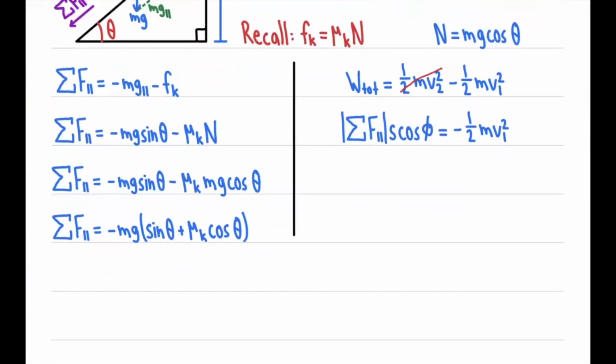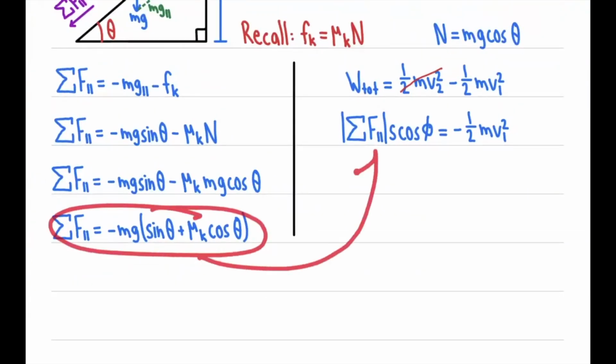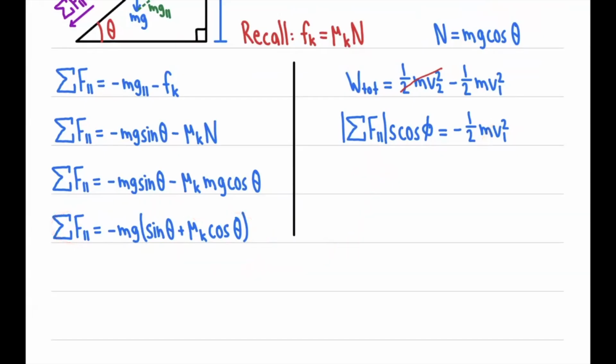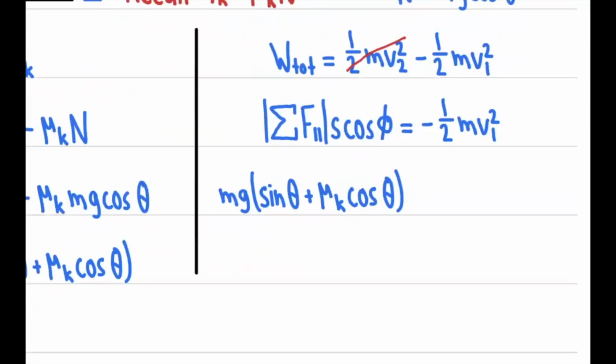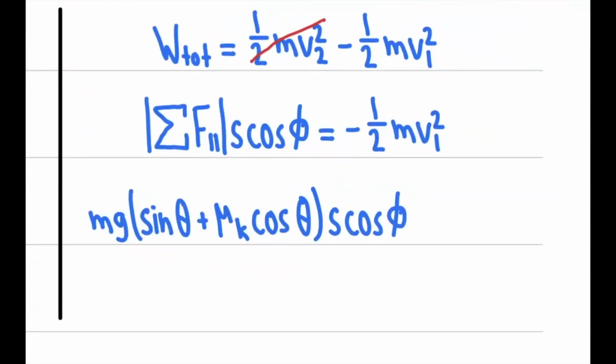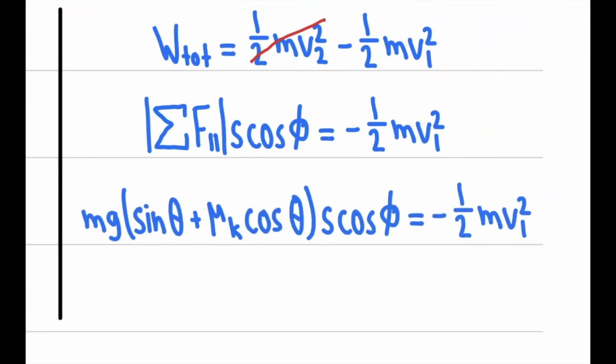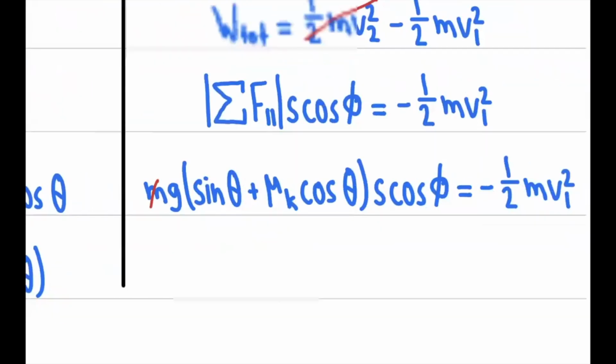Now I can plug this in here, and you'll see the m's will cancel. We're using the magnitude of the net force, so this negative here is going to go away. So you're going to have mg times s cosine phi equals negative 1 half mv1 squared. And like I said, the m's will cancel.